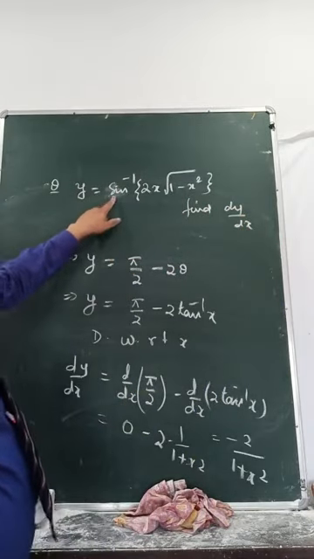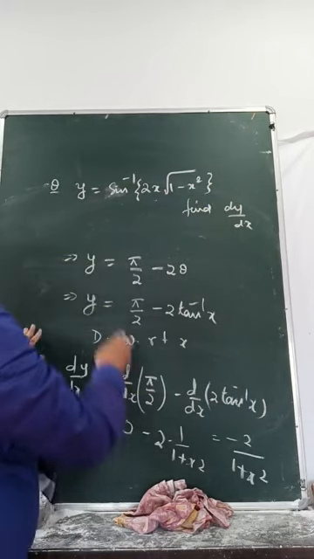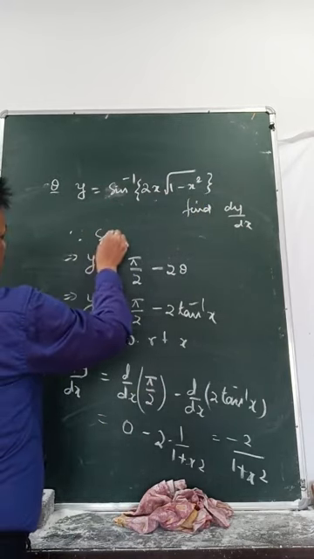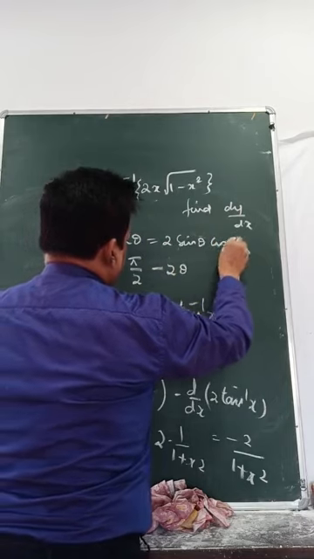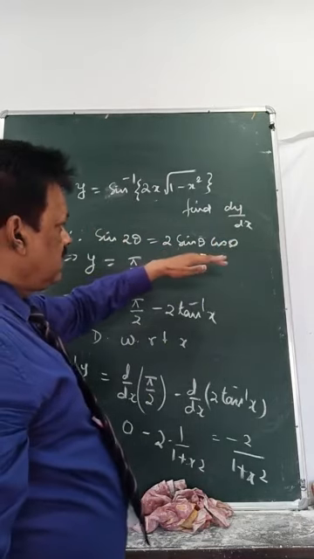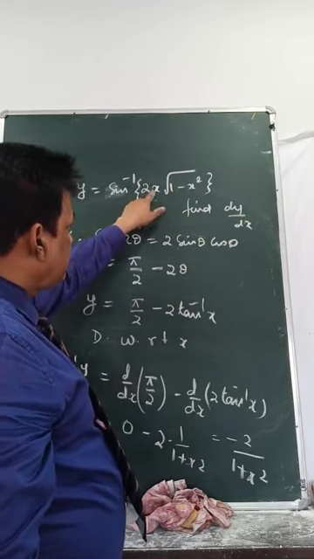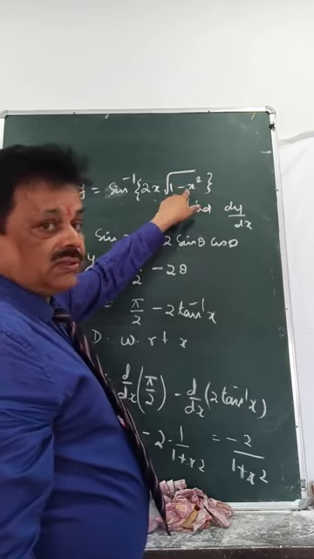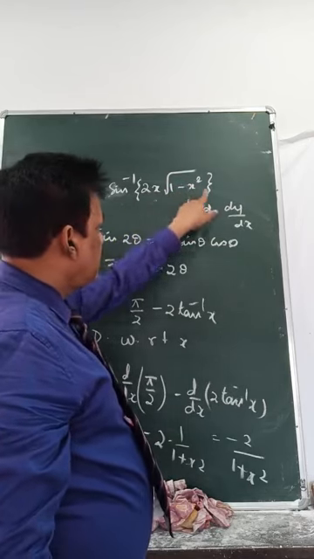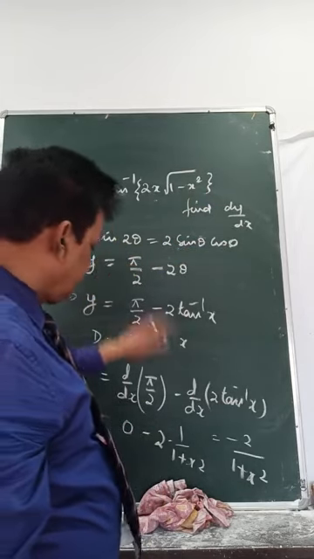So compare the sin inverse, you want to make it sine. Compare the sine formula. So you can find sin 2 theta is 2 sin theta cos theta. So look at whether it is fitting here or not. If I put x as sin theta, that means it will be 2 sin theta and root over 1 minus sin square theta is cos theta. That means this part will become 2 sin theta cos theta, which is sin 2 theta.